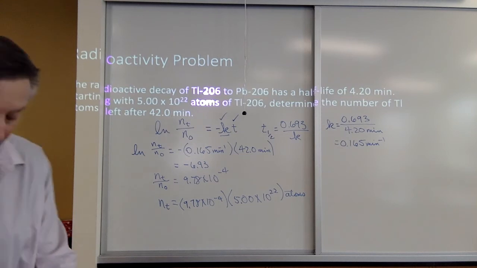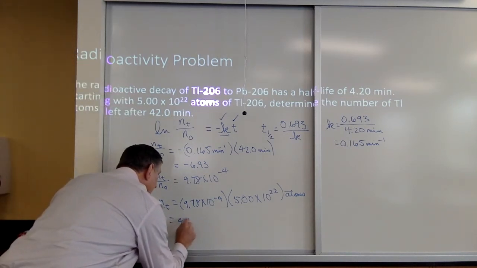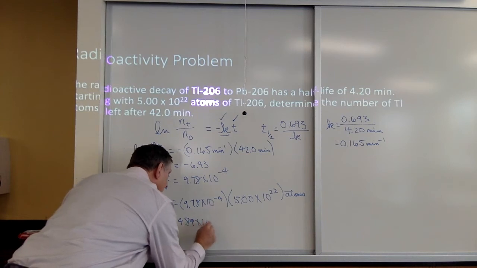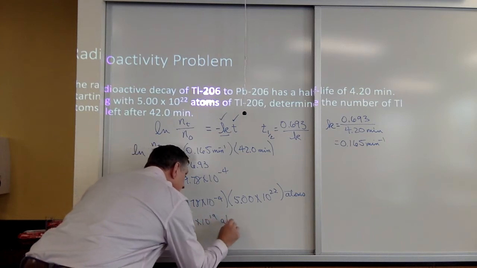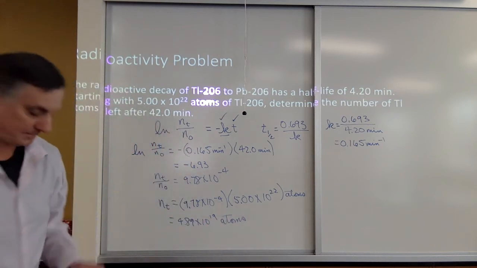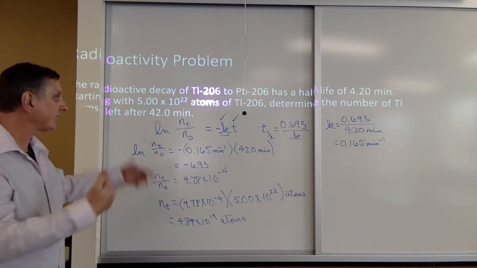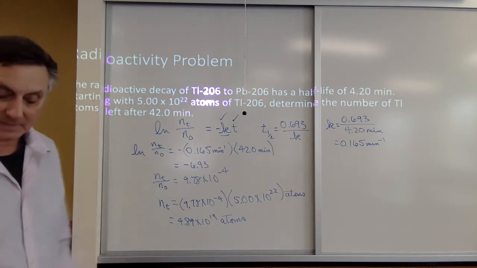And we get 4.89 times 10 to the 19th. So we use the integrated first order rate law. This is how many atoms we have left after 42 minutes.